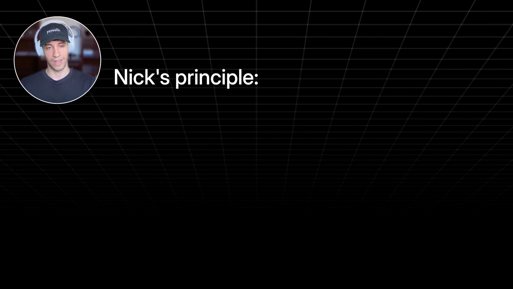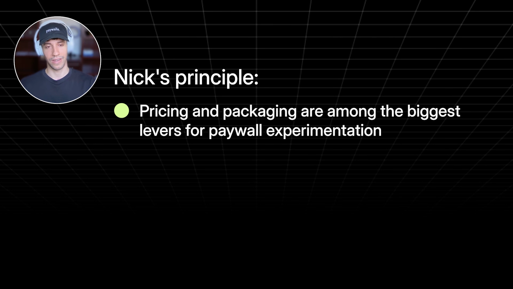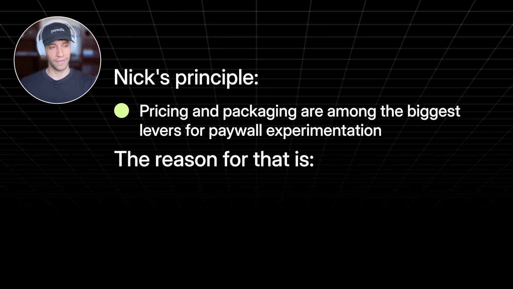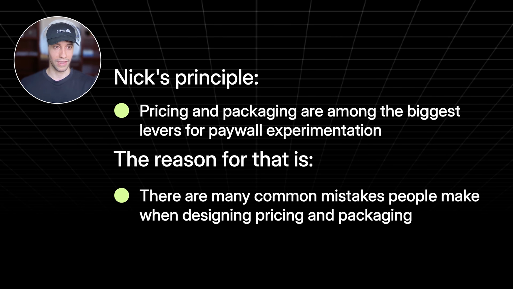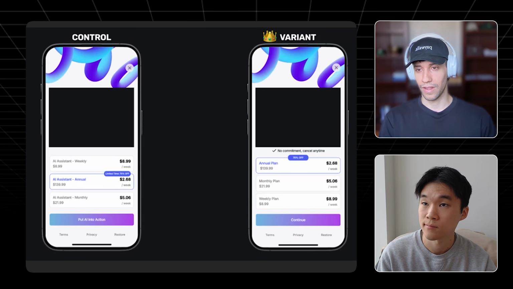So in this particular case, this follows one of the principles that I learned from Nick, which is that price and packaging design is one of the biggest levers that you can pull for paywall experimentation. The reason for that is that there are a lot of mistakes that people make when they're creating their price package design, typically in the footer. So here on the left paywall, you have this verbiage, right?